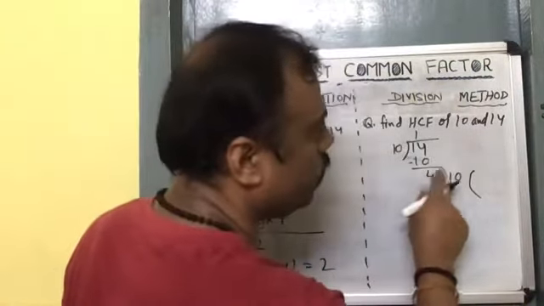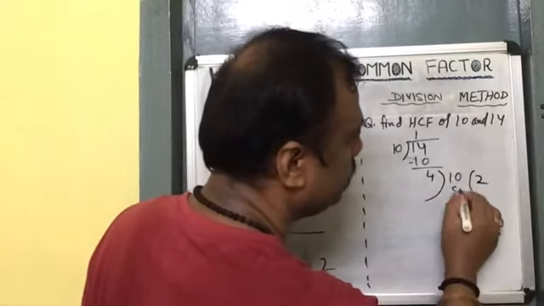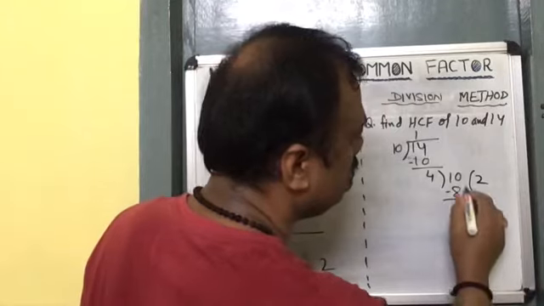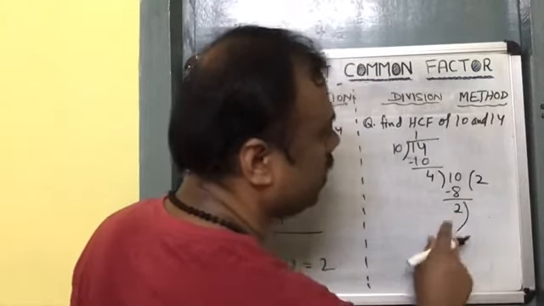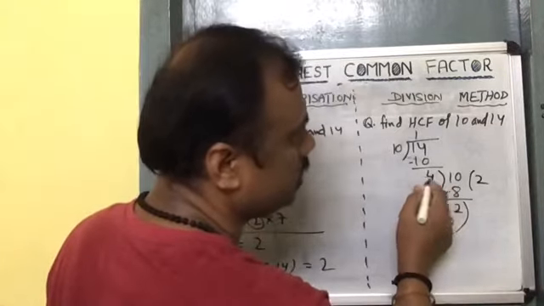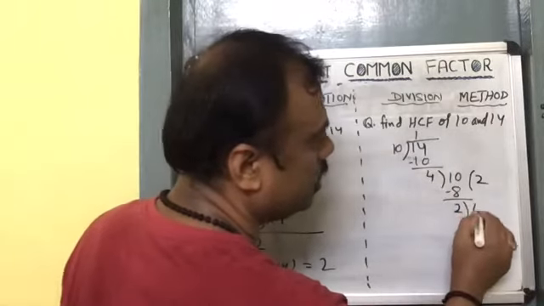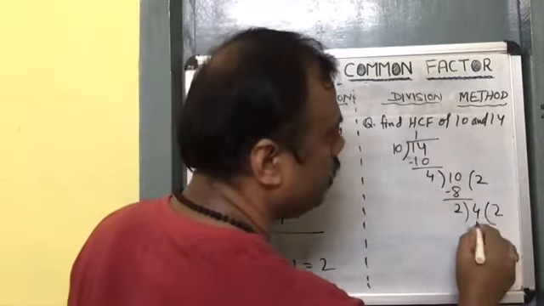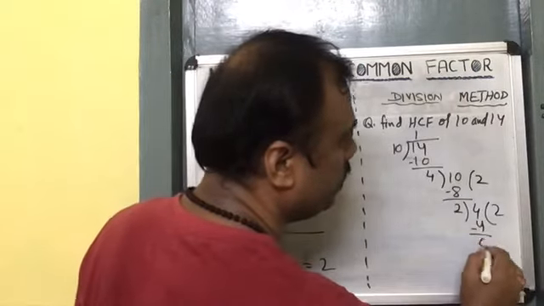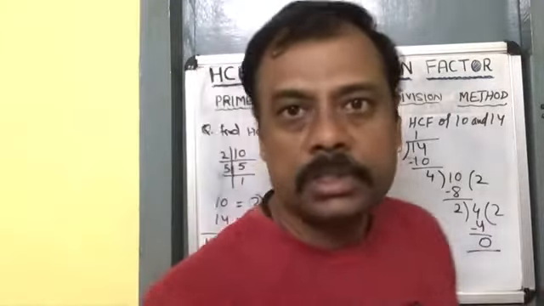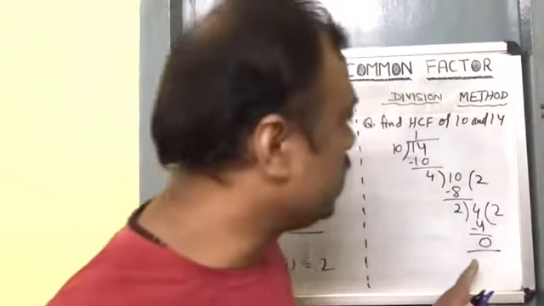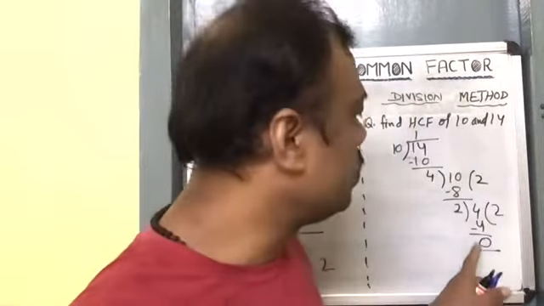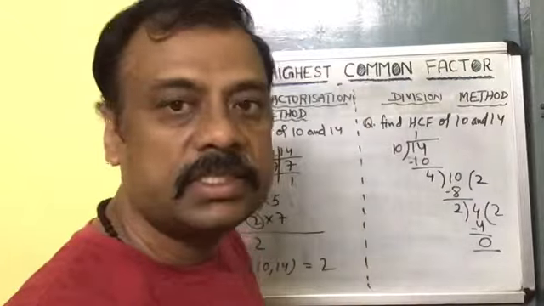So now 4 twos are 8, and we get remainder 2. Again this divisor comes here, and 2 twos are 4, and we will stop this process when we get the remainder 0. Now what will be the HCF?